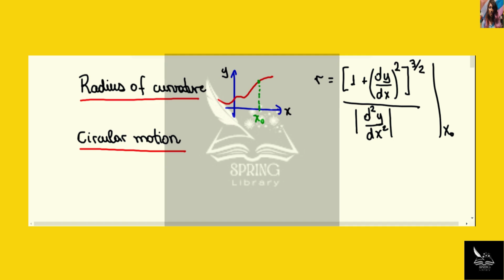Now, regarding circular motion, we need to know that if we have a particle undergoing circular motion with a radius of r, then the acceleration of this particle can be decomposed into two components. One of them is the centripetal component that points towards the center, and the other one is a tangential component that is tangential to the trajectory.